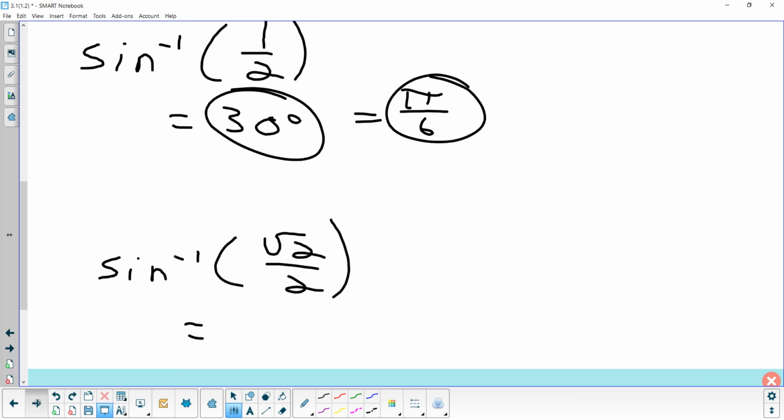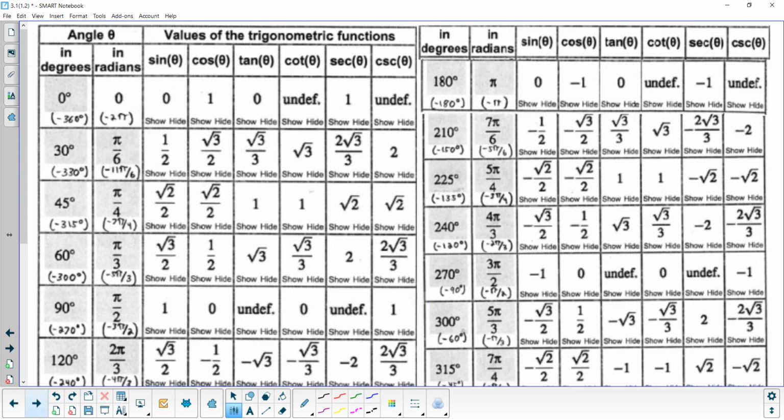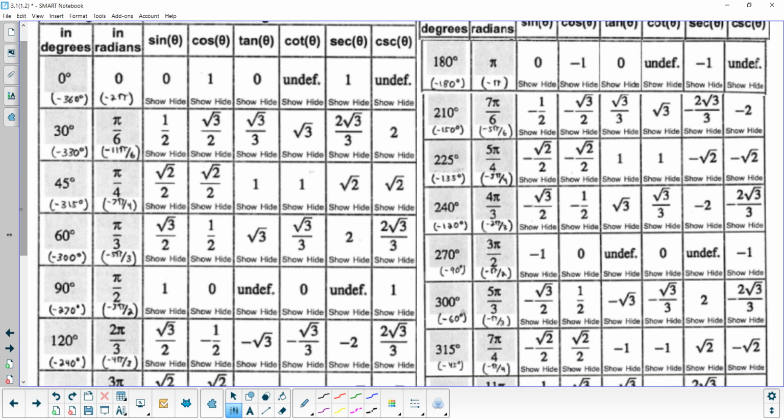All right. So let's go down the sine column until we find root 2 over 2. Aiden, do you see root 2 over 2 in the sine column? Yes.